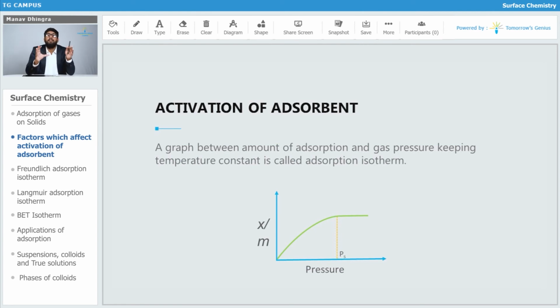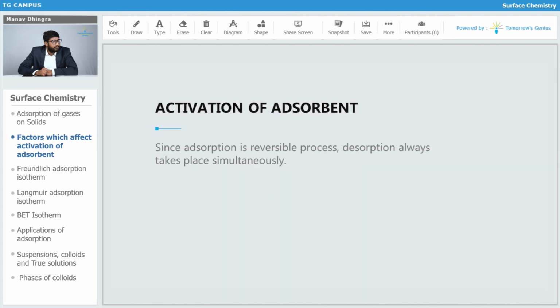There were many scientists who came forward and tried to explain the adsorption curve, your adsorption isotherm. Since adsorption is a reversible process, adsorption and desorption always take place simultaneously.